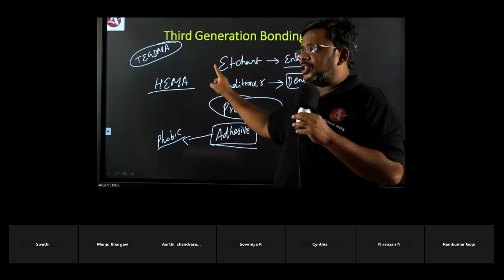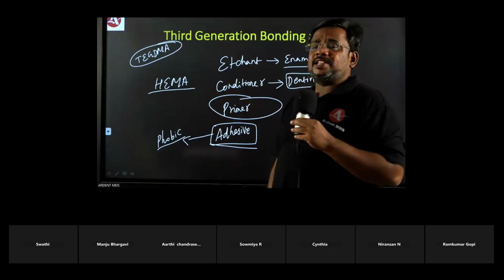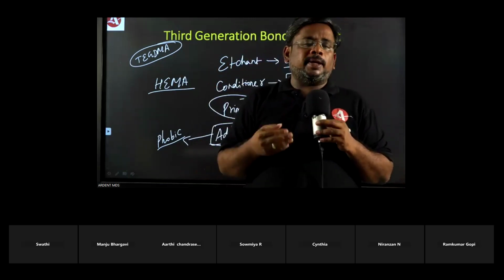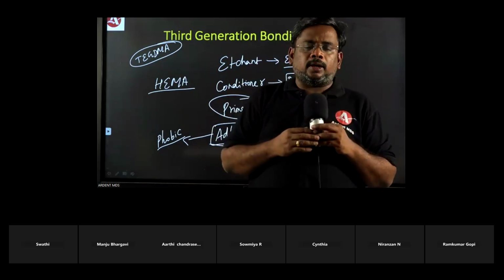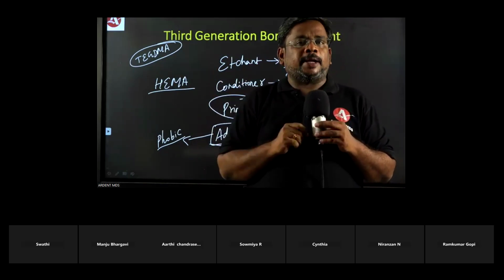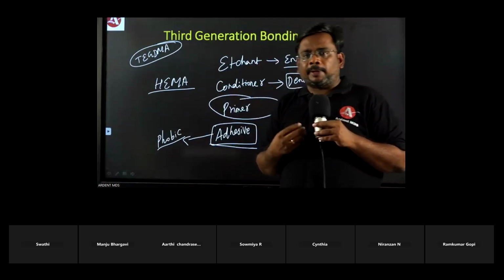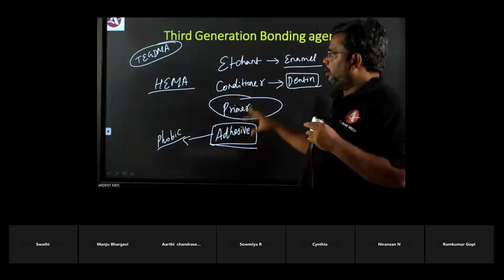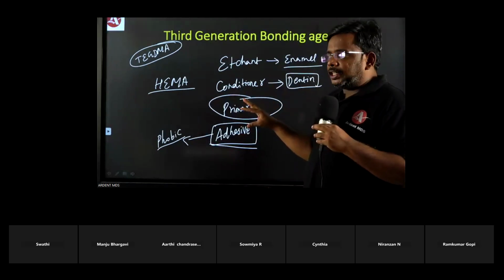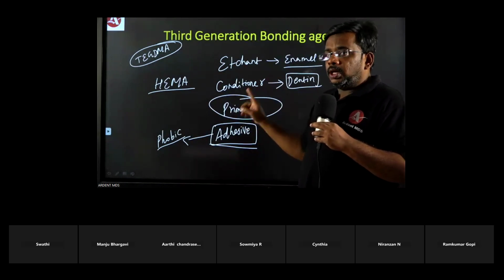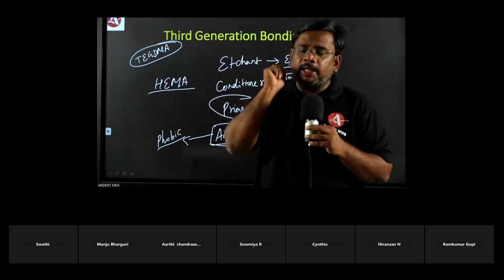We etch the enamel and condition the dentin. Once done, you have to apply the adhesive, but the adhesive is hydrophobic, so you apply the primer, which has both hydrophilic and hydrophobic components. Here, your adhesive bonds directly to the tooth, meaning dentin, not to the smear layer.